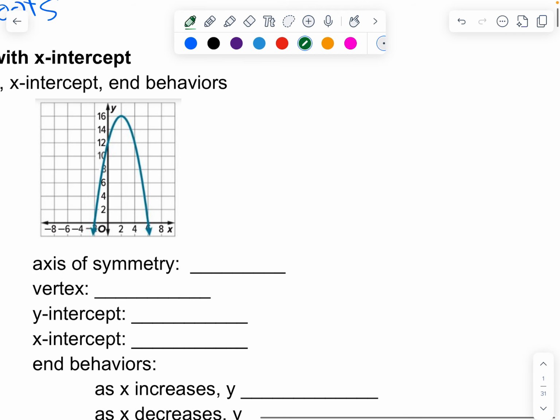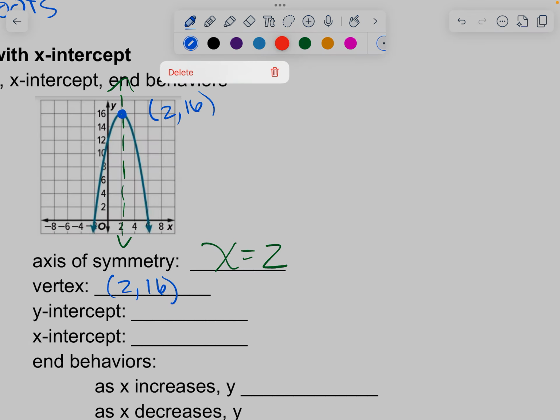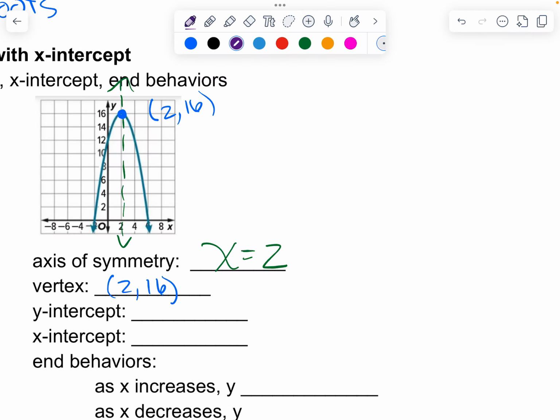Okay, this one over here. Okay, axis of symmetry. Okay, so x equals +2. The vertex is this point that's right here, and that is the point 2, 16. The y-intercept is right here. So that's the point 0, 12.